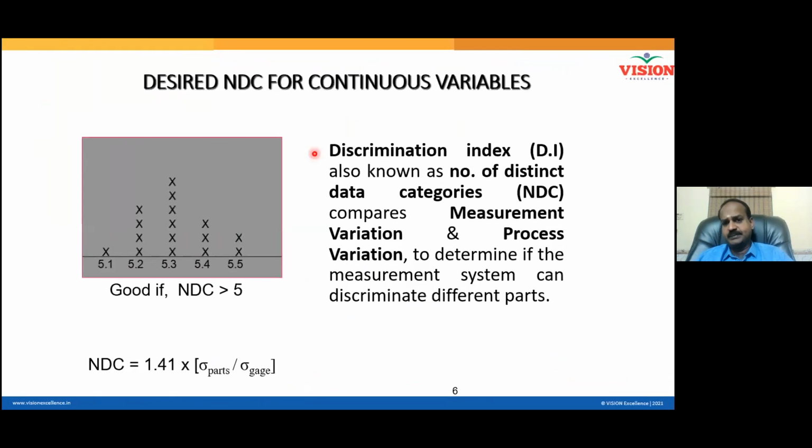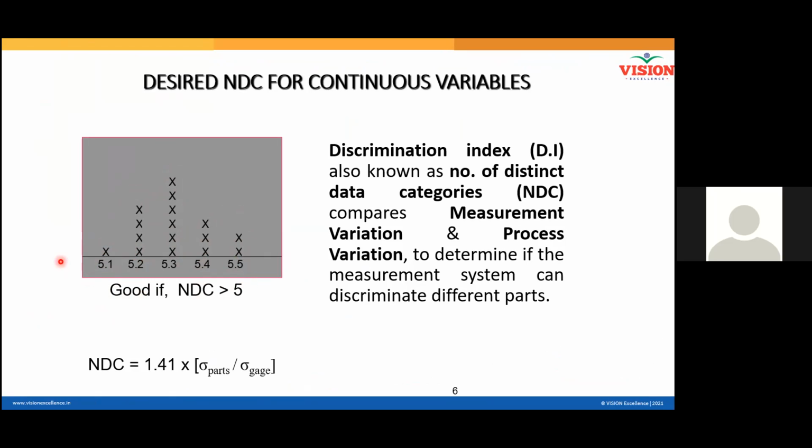Now imagine I have a measurement system and I collect data. My readings are coming like this: 5.1 occurred 1 time. 5.2 occurred 4 times. 5.3 occurred some 6 times. 5.4 occurred 3 times. 5.5 occurred 2 times. Now I want you to tell me what is the resolution of this equipment. 0.1.